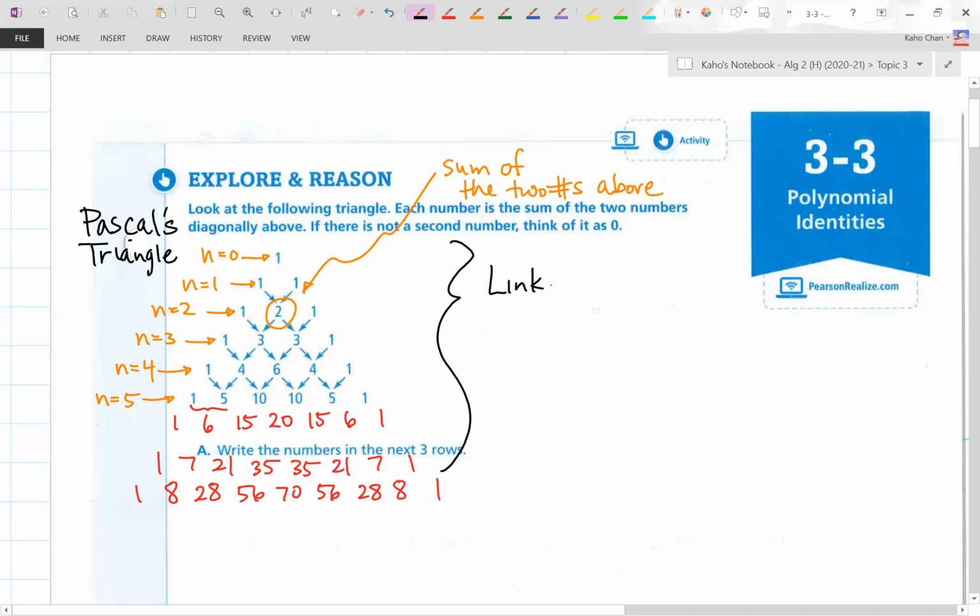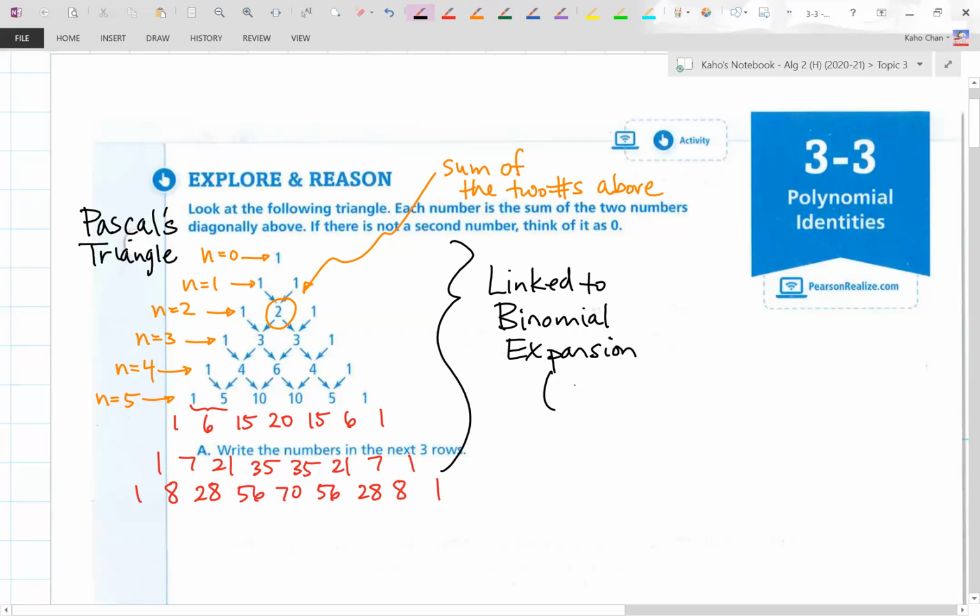And that linkage is called binomial expansion. Binomial meaning taking a 2-term polynomial like x plus 5 or whatever.